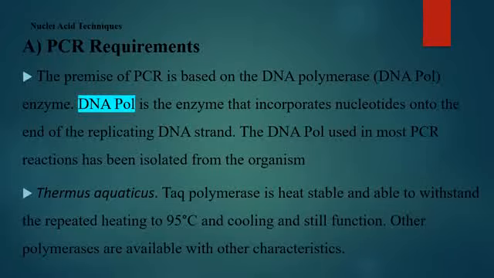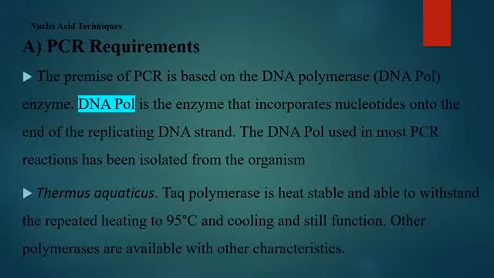Now, this DNA polymerase that is used in our PCR is a specific one that has been isolated from the organism Thermus aquaticus. So you hear us talking about Taq, T-A-Q, Thermus aquaticus, T from Thermus, and then A-Q from aquaticus. Now this is a DNA polymerase that has been taken from Thermus aquaticus because it is heat stable, able to withstand heat to about 95 degrees and then cooling and still function.